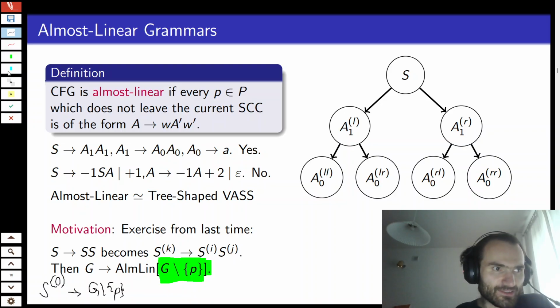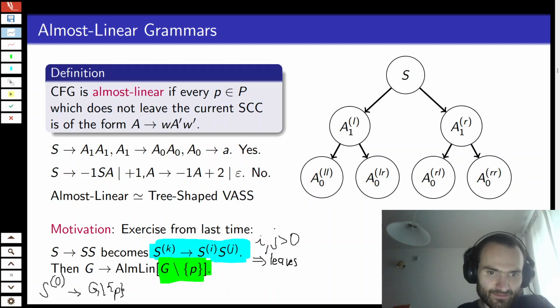And then if you look at these rules, S_k goes to S_i S_j, what can we say about these rules? Well, this is where the interesting thing happens. We can distinguish two cases. If both of them are greater than 0, then this means that this leaves the current SEC.